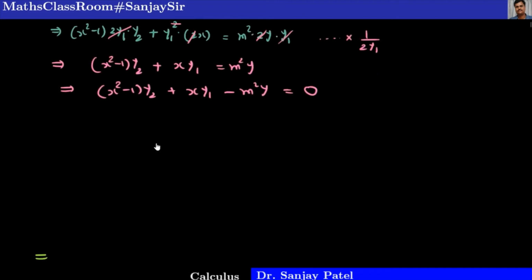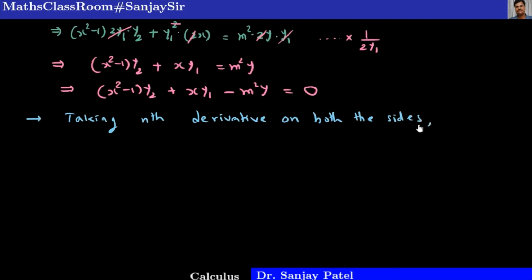Now we'll take the nth derivative of this on both the sides. So let us write in the next step, taking nth derivative on both the sides, we get nth derivative of the first term.